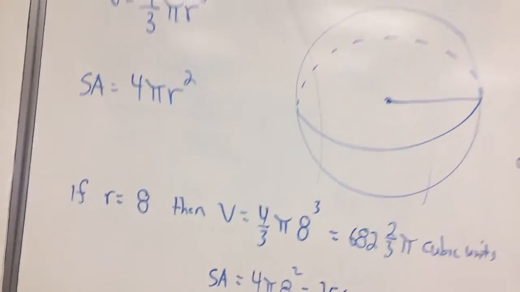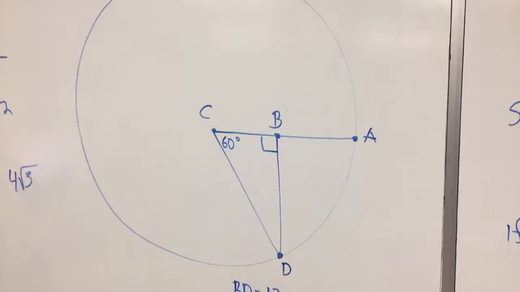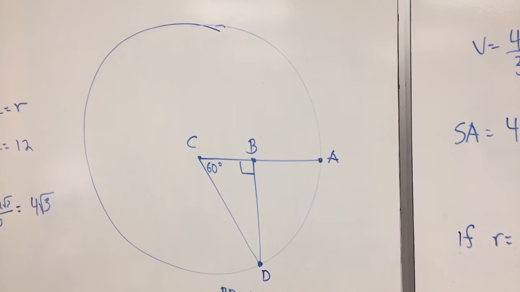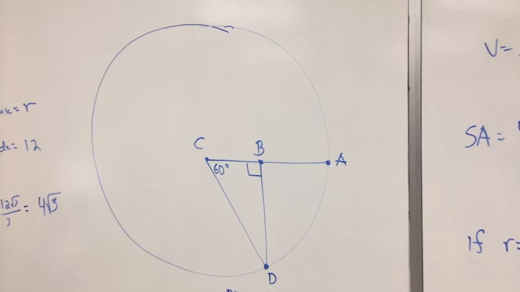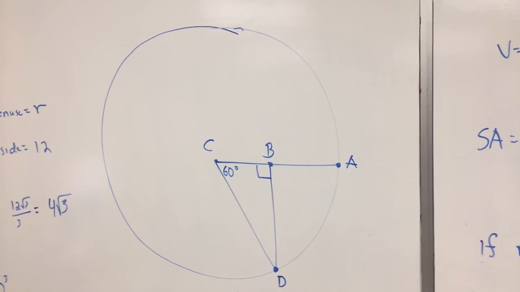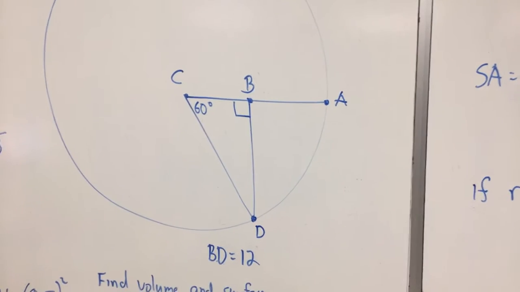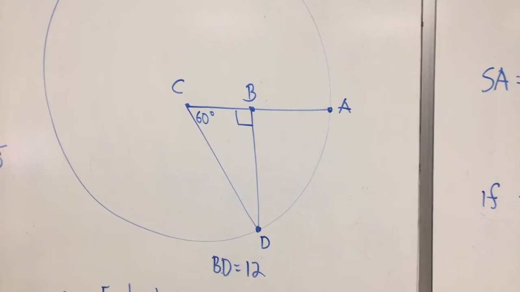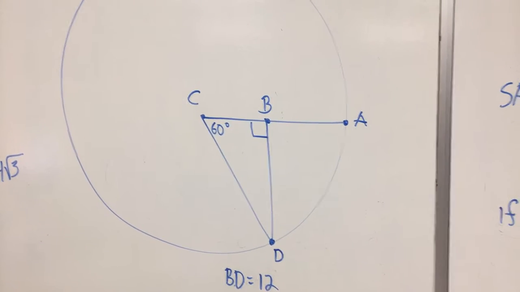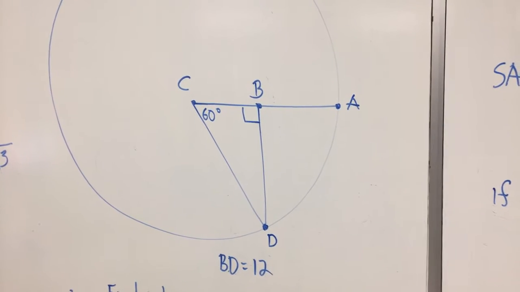Okay? All right, now what can we do with that? Well, here's the problem you're going to face on your CFC. It looks a little bit like this, okay? I give you a circle. I tell you the center is at C. I tell you that CD and CA form a 60-degree angle, okay? So you've got this BD, and I tell you the length of BD. BD is, in this case, 12 units. I don't remember what it is on your CFC. But you've got a 30, 60, 90 right triangle, so you need to remember those rules.